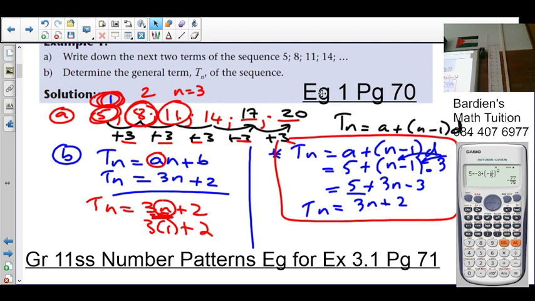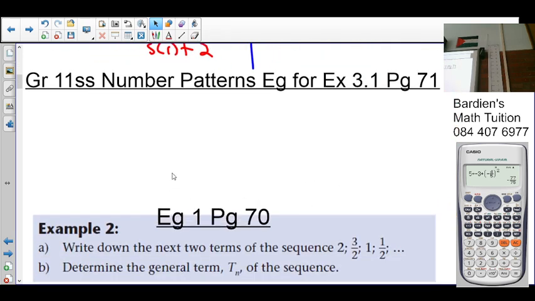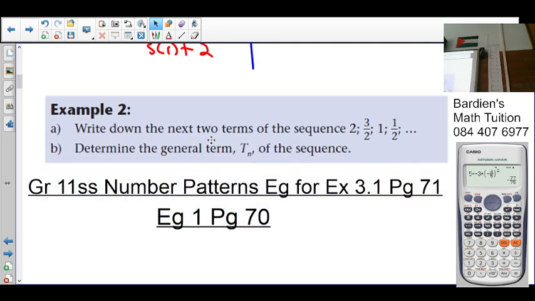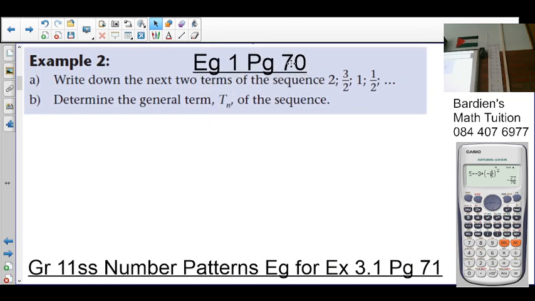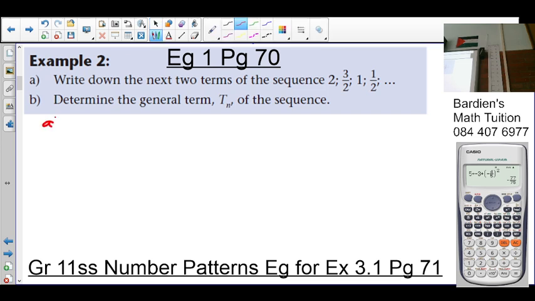Alright, people, let's look at example 2. Example 2 is also on page 70. Alright, it says in A, we are asked to write down the next 2 terms in the sequence. We got 2, 3 over 2, 1, 1 half.